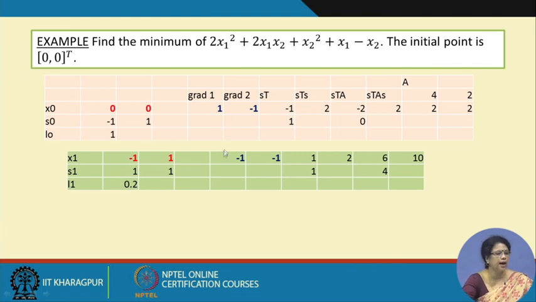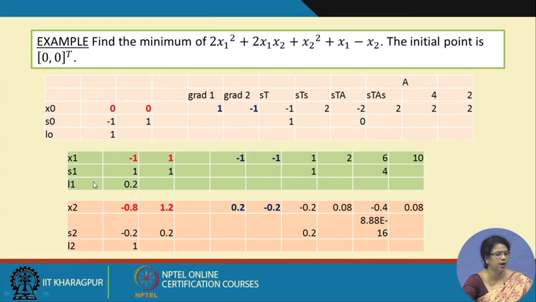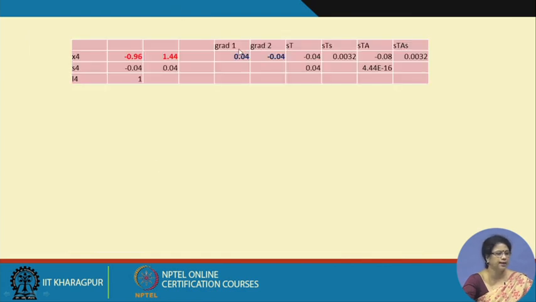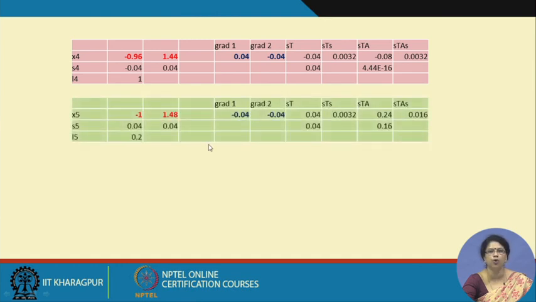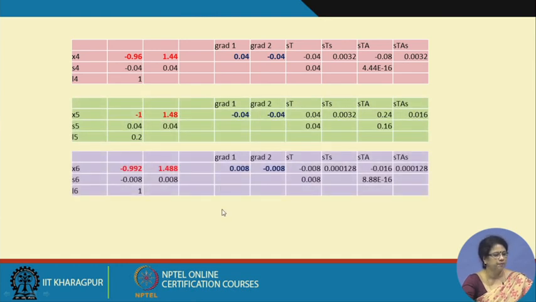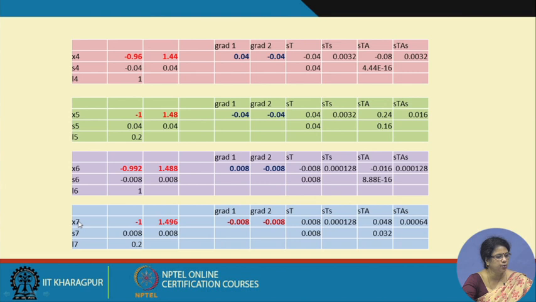I have repeated the process for one iteration, the second iteration, and the same process for the third, fourth, and fifth, and you see the value x7 is coming minus 1 and 1.5, almost. The gradient values are coming almost 0 here, and in the previous case also almost 0.